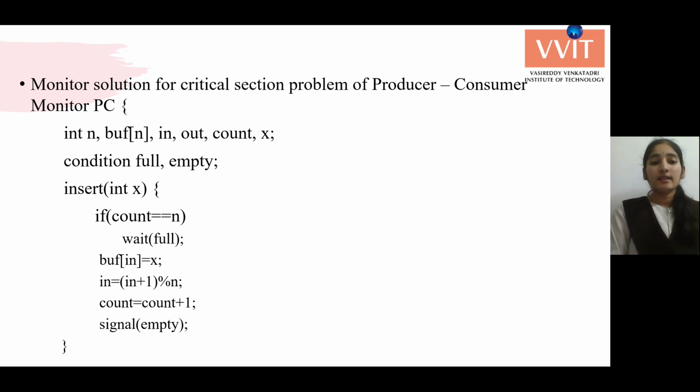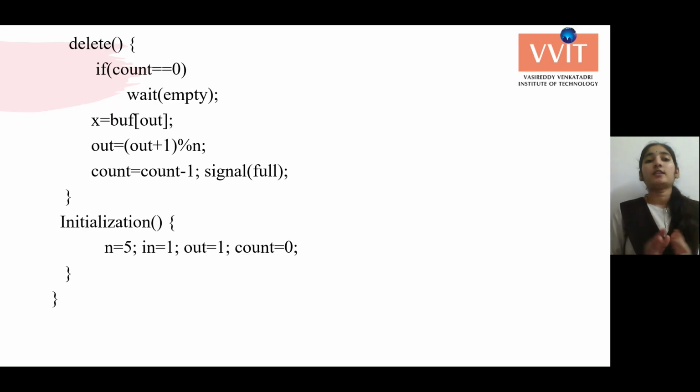Now let us see the next procedure, delete. Delete is related to the consumer process. Whenever a consumer consumes an item, one item is deleted from the buffer. So if count equal to 0, wait of empty. Here wait of empty means whenever there is no item in the buffer, the consumer process should wait until the producer produces some item.